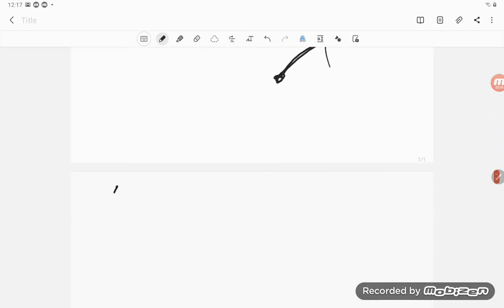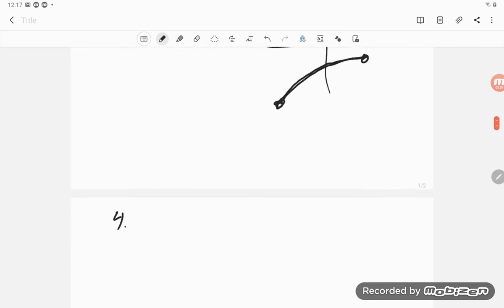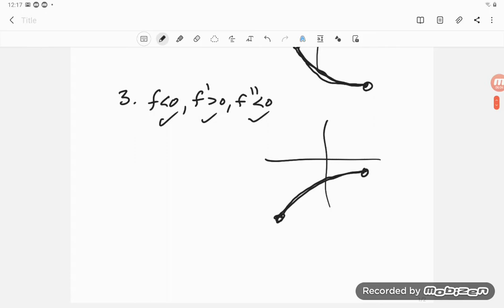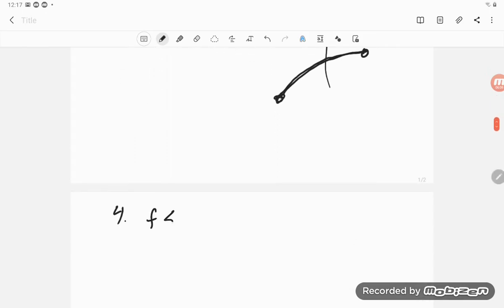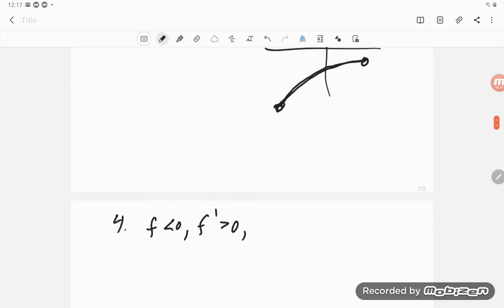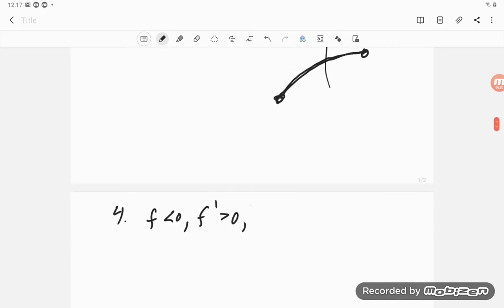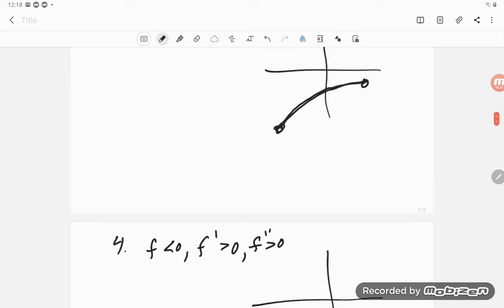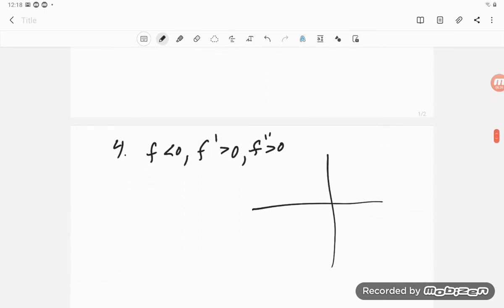We'll go to 4. Okay, we can do f less than 0, f prime greater than 0, and then f double prime greater than 0. So f is still negative, and f is increasing.